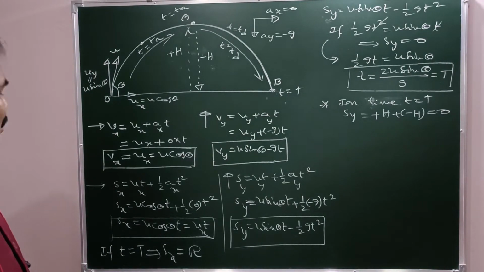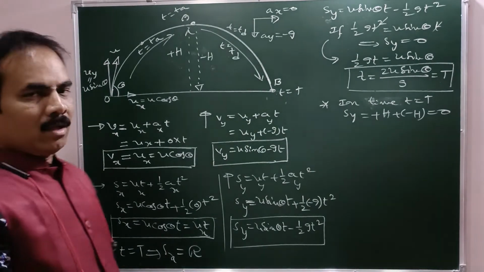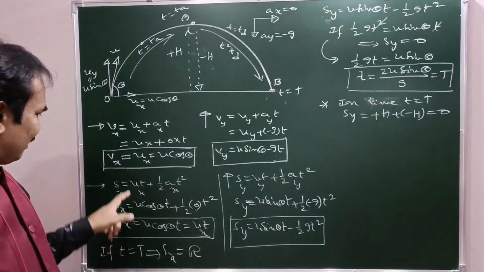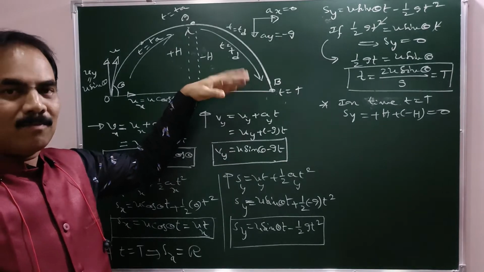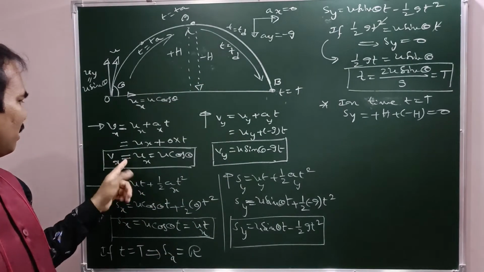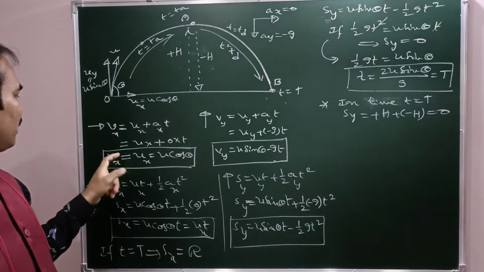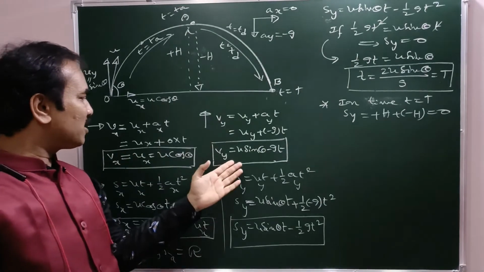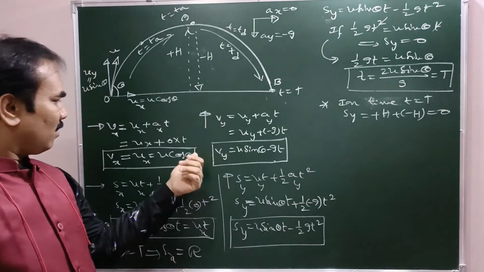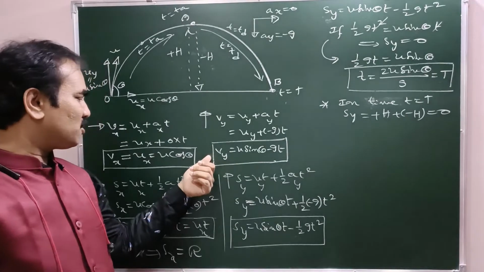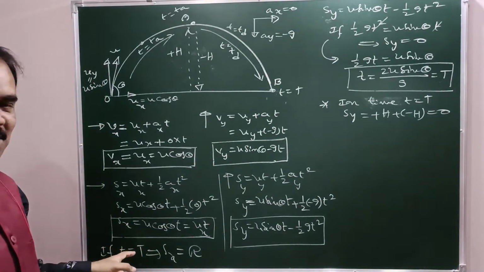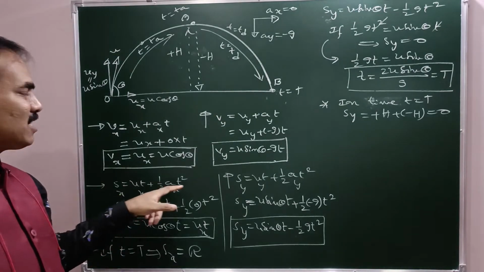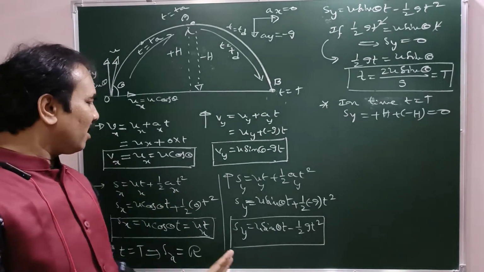Okay, now let us see. These are the equations which govern the entire projectile motion: the equations of motion along the x-axis and along the y-axis in case of velocities. In case of displacements, this is also one of the equations of motion, s equal to ut plus half a t square, along x and along y.